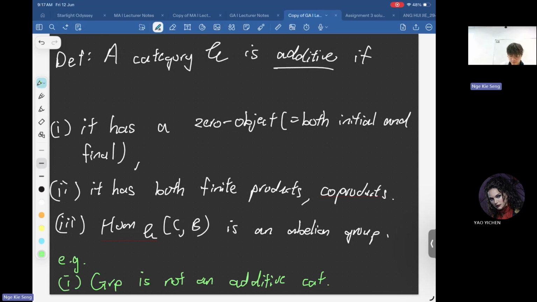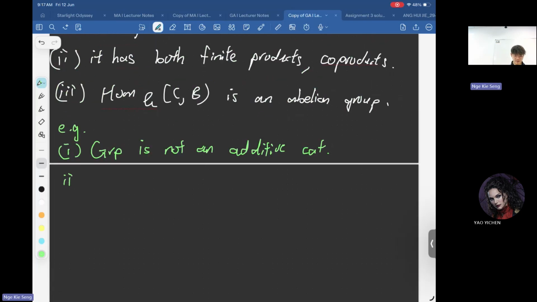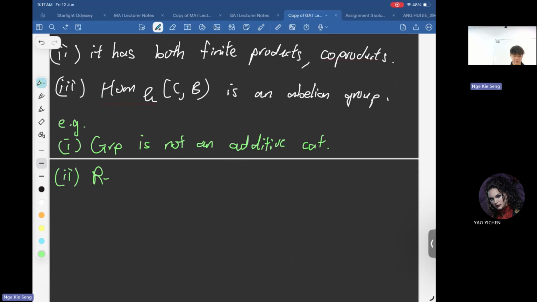The hom space might not be abelian, because the group itself is already not abelian. But then what can be an additive category? For example, the category of R modules.